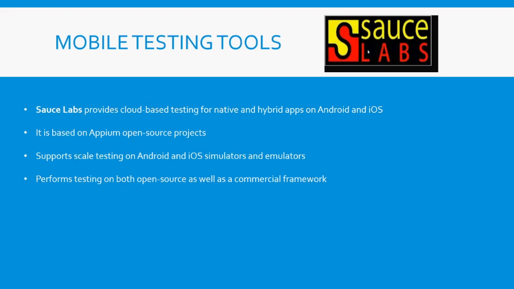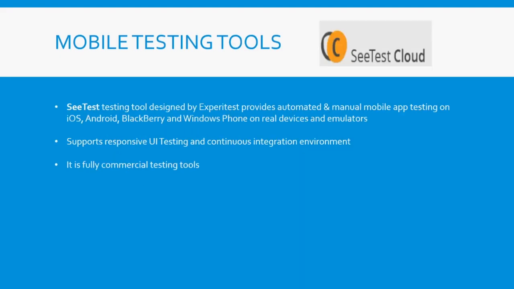As part of this mobile testing session, we are going to look at Sauce Labs in future sessions and see what we can do with it. We'll do manual testing on that. You can use it for testing with open source as well as commercial frameworks and all that.